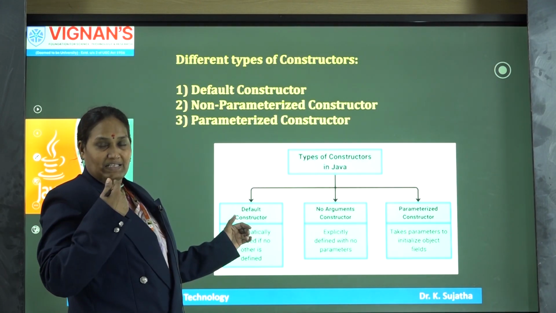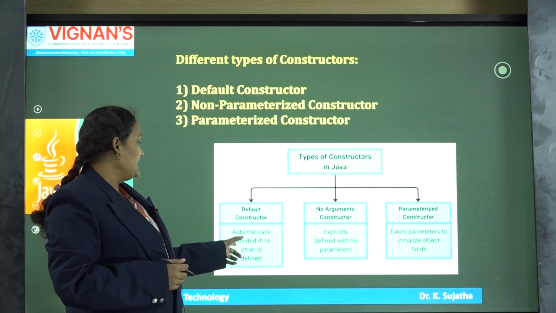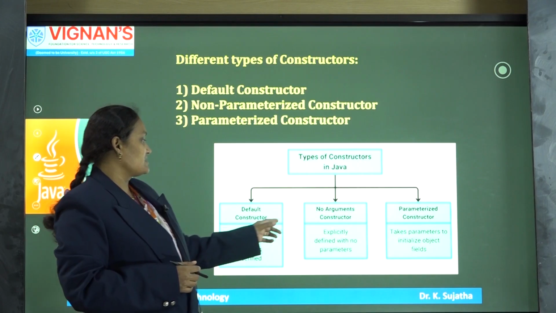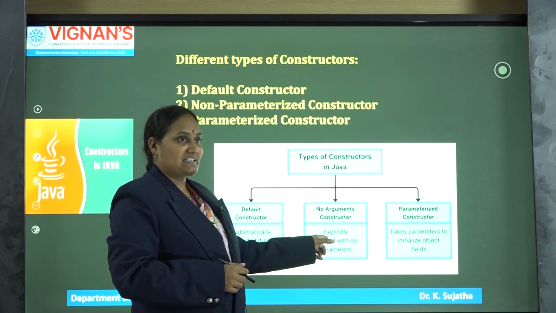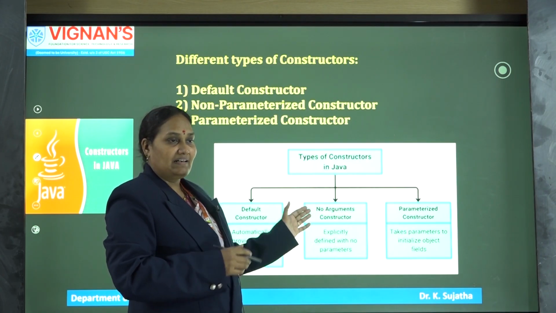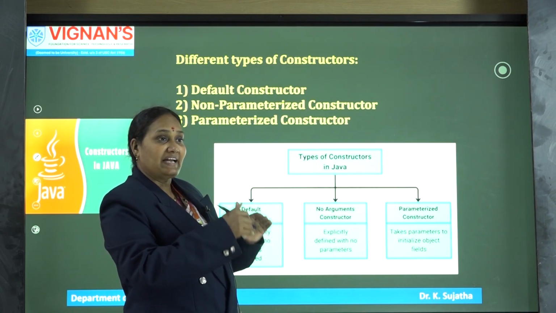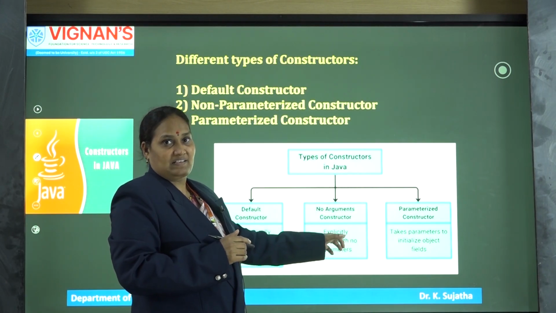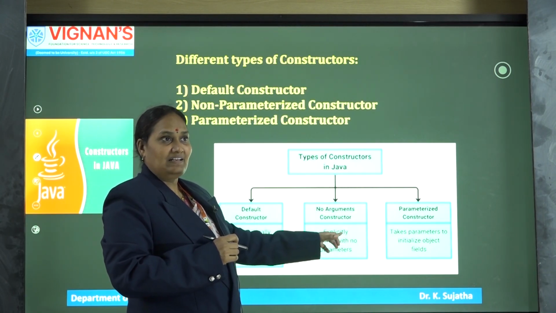If no other constructor is defined, the one automatically provided is called the default constructor. And coming to no argument constructors, they are explicitly defined with no parameters. Here a constructor is explicitly defined in a class but with no parameters.